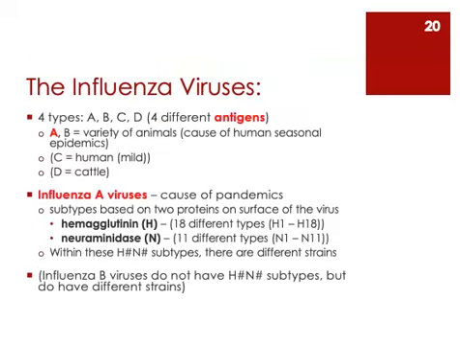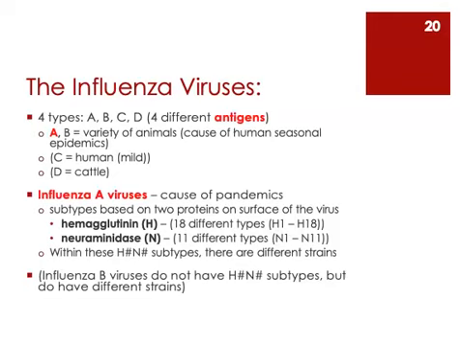I want to talk just a minute about the influenza viruses and the difficulty of naming. This is probably the most complex naming system that you'll run into. There are 4 types of influenza virus, 4 very broad types called A, B, C, and D. These letters actually refer to the fact that among influenza viruses, there are 4 different categories of antigens in the virus.